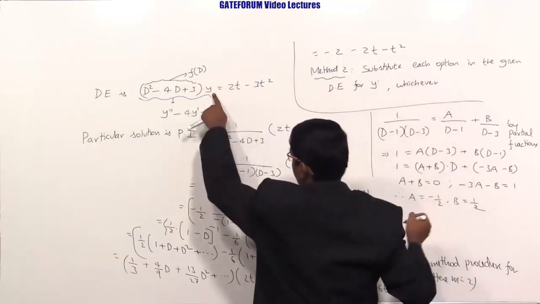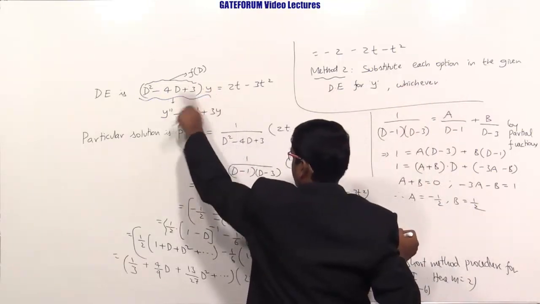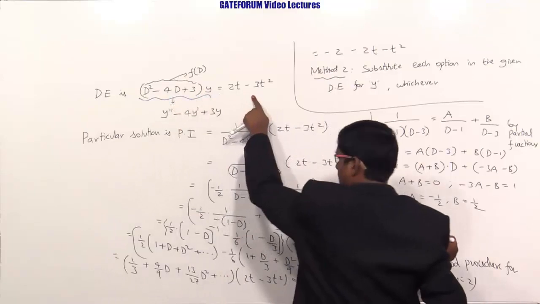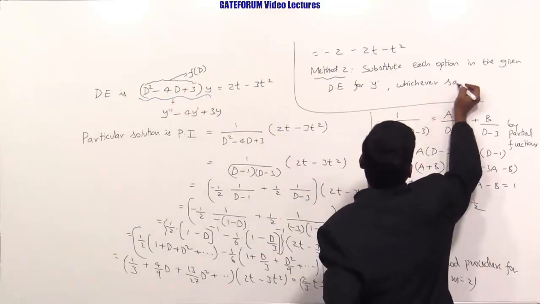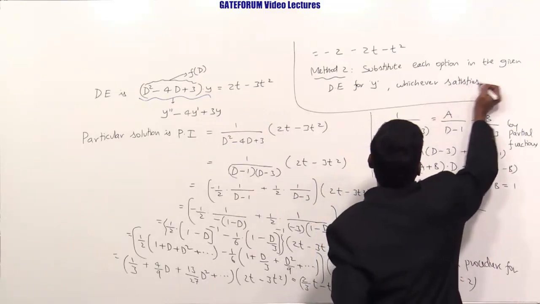That means if you put the first option as y and the left side simplifies to equal the right side, 2t minus 3t square, then it is said to satisfy. Whichever satisfies, that is the answer.